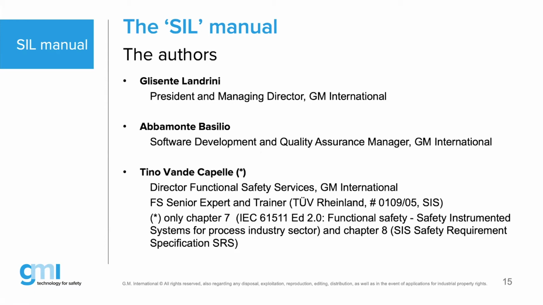I will do a rundown through all the chapters. I made a very brief executive summary, just to tell interested people what is inside the book. On chapter 7, you will see the 61511 edition 2. And on chapter 8, you will see the safety requirement specification, which I think was one of the webinars we did last week.